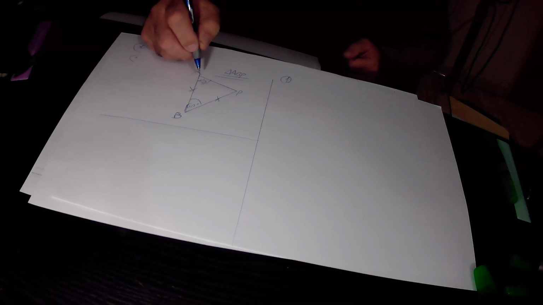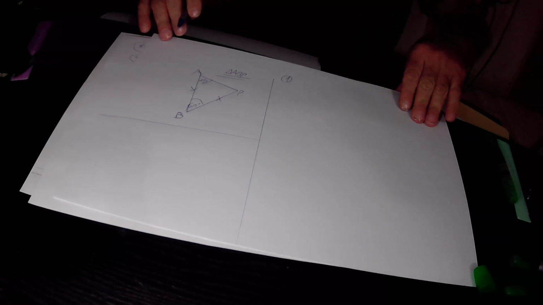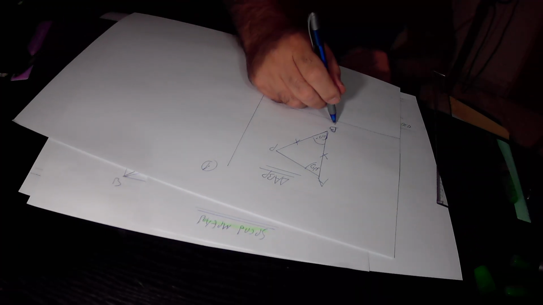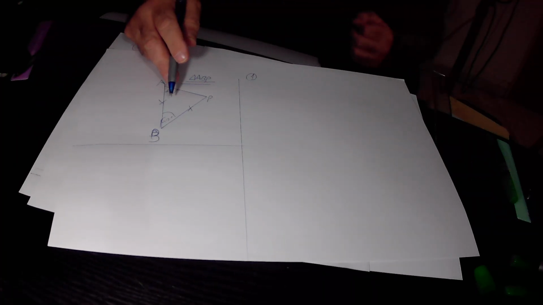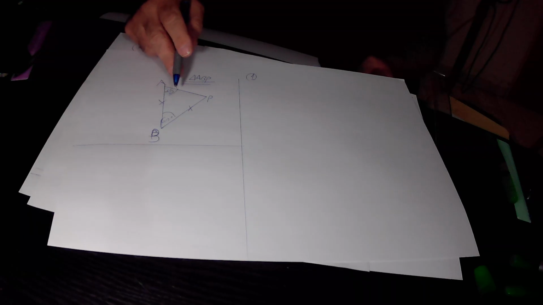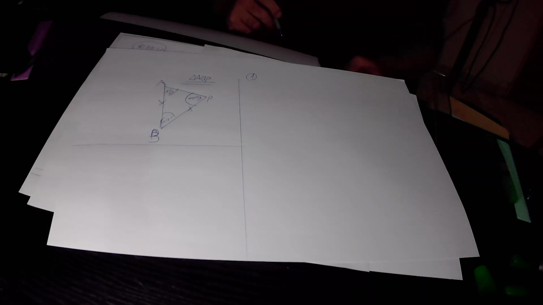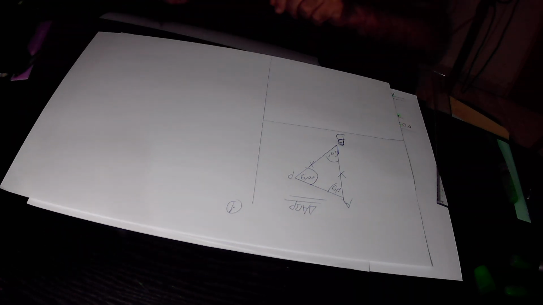So in this triangle ABP, 60 degrees plus 60 degrees is 120 degrees, and therefore this vertex A must be equal to 60 degrees in size according to the rule that the sum of the angles in any triangle is equal to 180 degrees. So triangle ABP is an equilateral triangle because all of its angles are equal to 60 degrees.